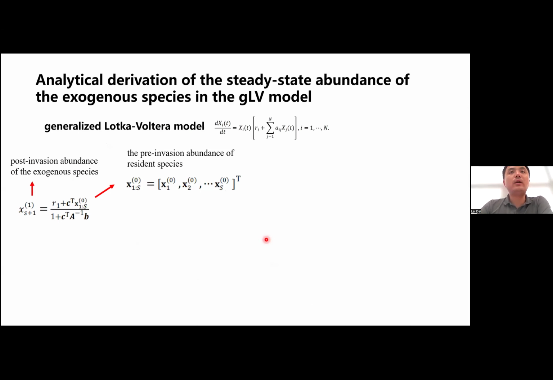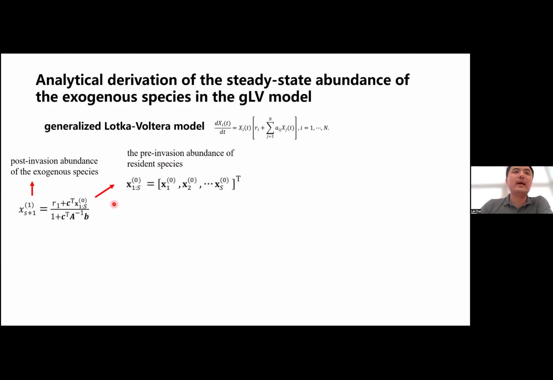Before I show you the experimental data, I just want to very briefly show you how we got inspired that the data-driven approach is feasible. If you believe that our community follows the generalized Lotka-Volterra model, which is not really the case, but it's a good model to start with, then you can do some analytical derivations to figure out the pre-invasion abundance as well as the post-invasion abundance of the different species.